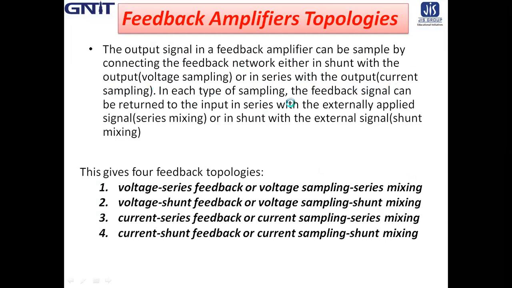In each type of sampling, the feedback signal can be returned to the input in series with the externally applied signal, which is called series mixing, or in shunt with the external signal, which is called shunt mixing. So based on the different combinations, there are 4 feedback topologies.